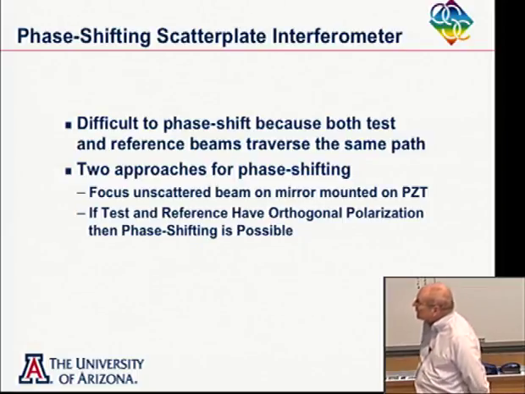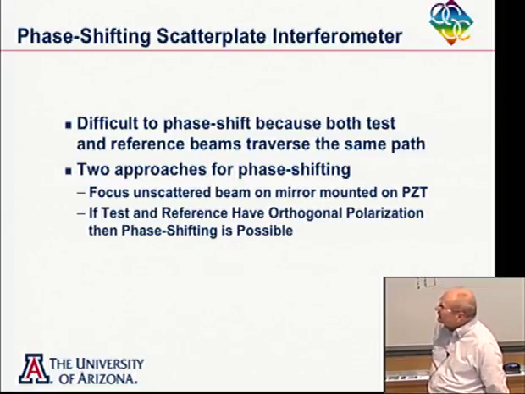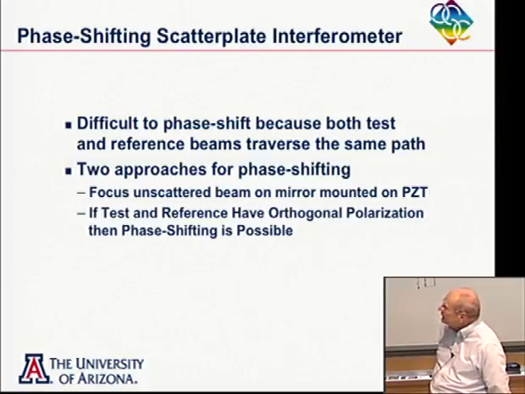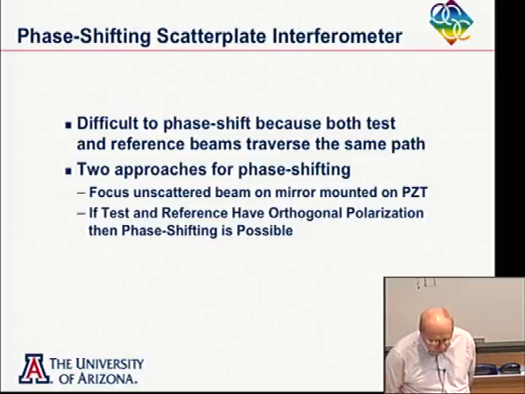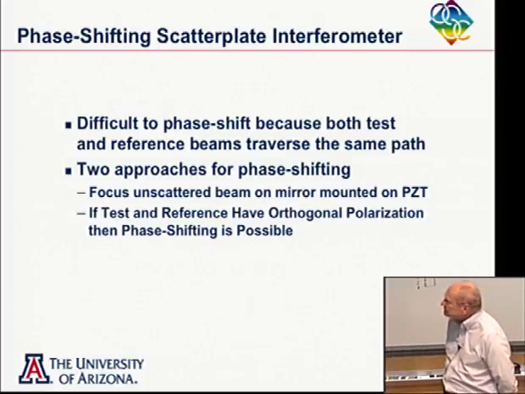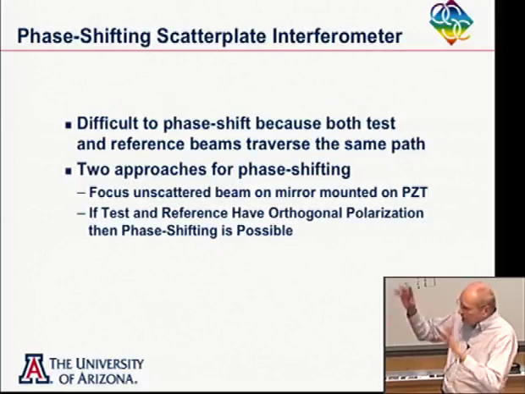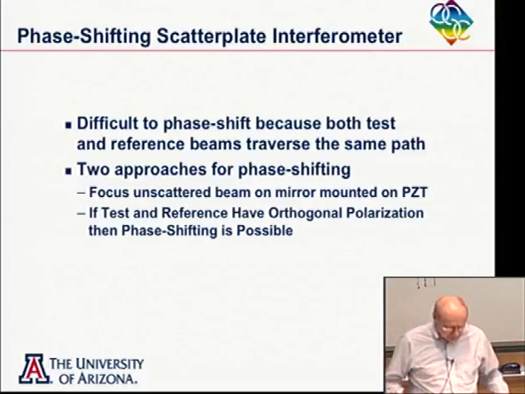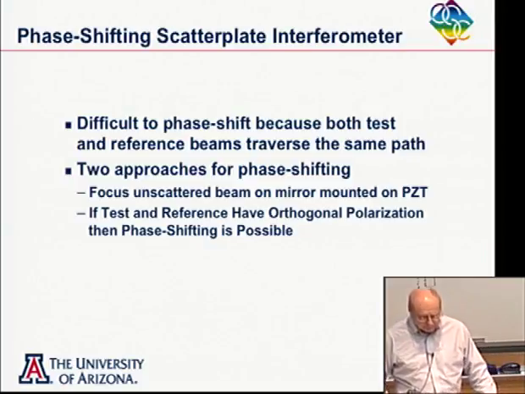But there are a couple of approaches. The first approach is going to involve another mirror mounted on a PZT, and it will work, but I don't like it very well. And then the next technique is to use some polarization techniques to do the phase shifting.